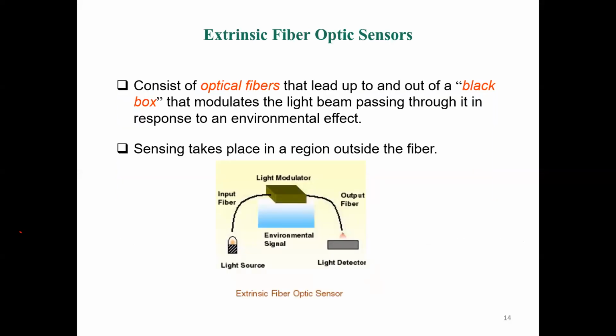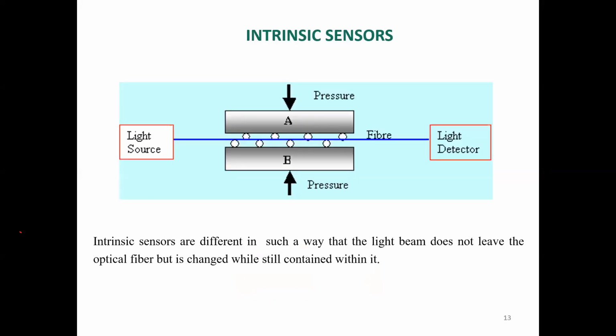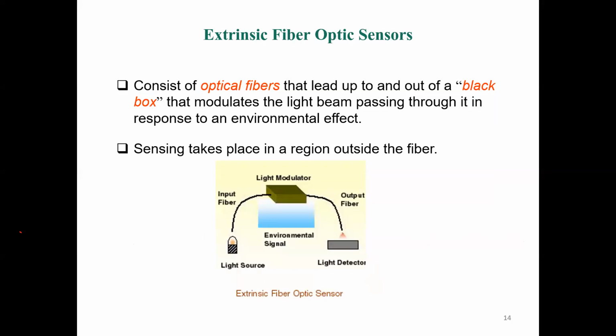In an extrinsic sensor, we are using some external device with the optical fiber to monitor the change in the light. So sensing takes place outside the fiber, not inside the fiber. As you can see in the previous slide, sensing happens inside the fiber itself. In the extrinsic sensor, sensing happens outside the fiber, but we use the optical fiber as a carrier of this sensing signal.